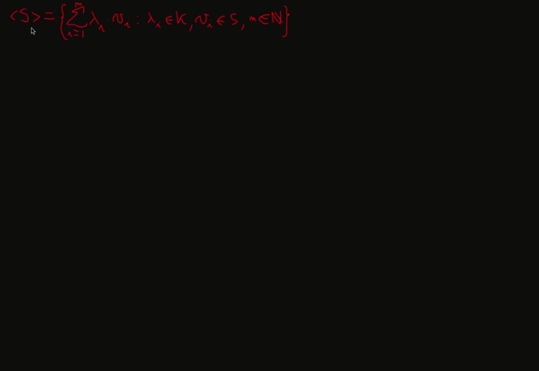Okay, I also said that this is the prototype of all the subvector spaces. More precisely, V is related in the following way to S. So S is a subset of V. V is a vector space.